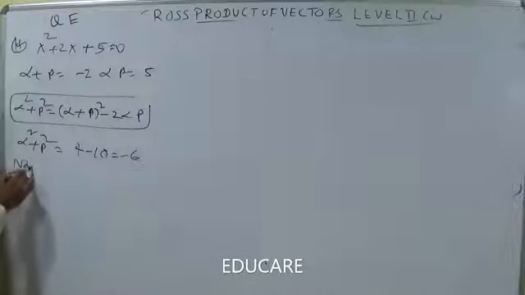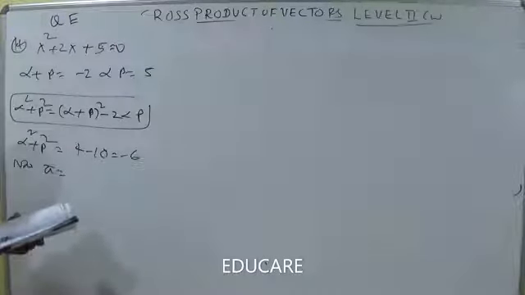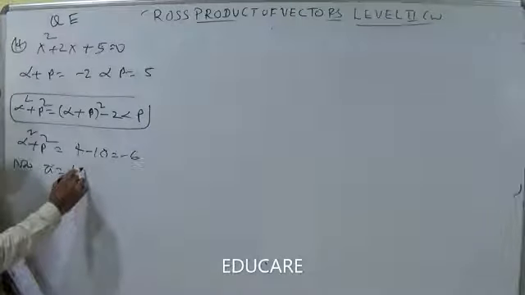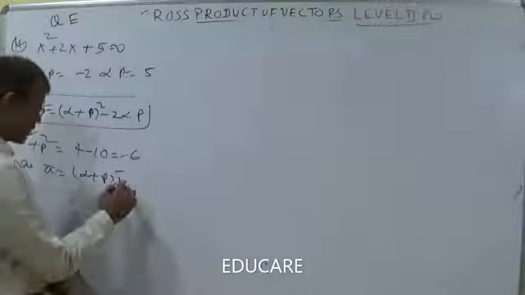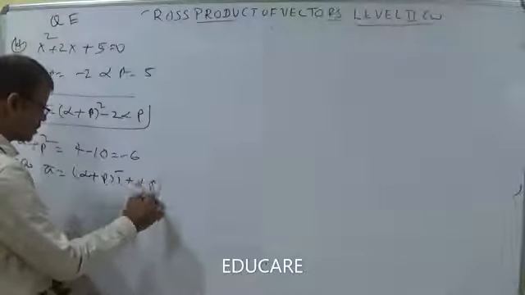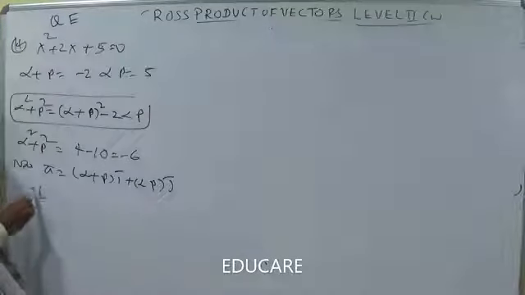Now you write the data which he has given. A bar is equal to alpha plus beta into i bar plus alpha beta into j bar. That is the a bar vector. Next, b bar.